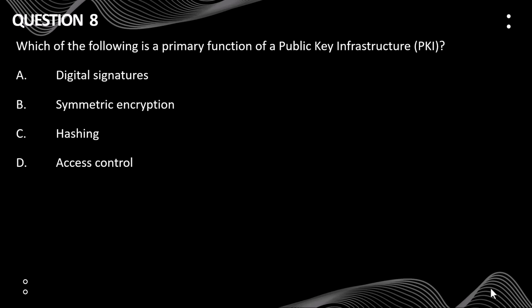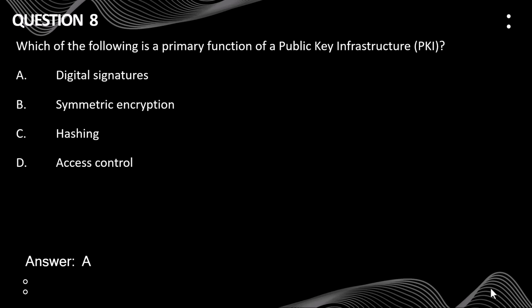Public key has to do with digital signatures. We'll be going with option A because the PKI or public key infrastructure is about establishing a secure method for exchanging information through the use of digital certificates and public-private key pairs, with the digital signatures being a core application.